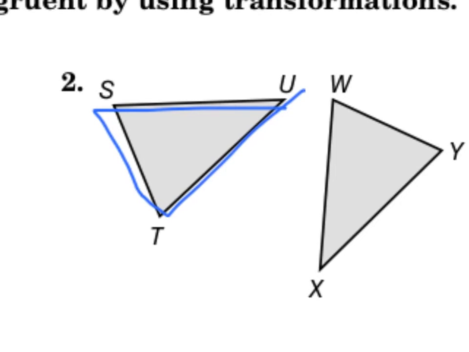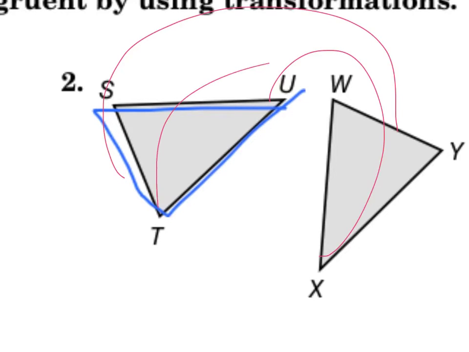Well, I think everybody can see here that this is a rotation. If we rotate this blue triangle, if we turn it this way, everybody would match up, and we'd end up with exactly congruent shapes.